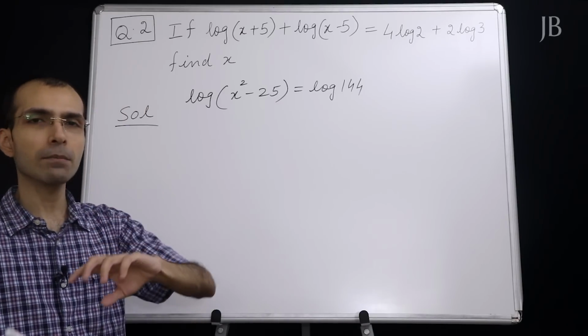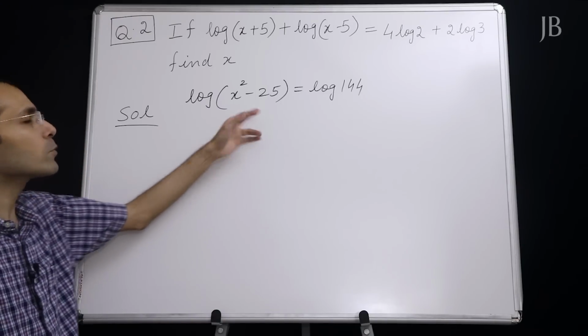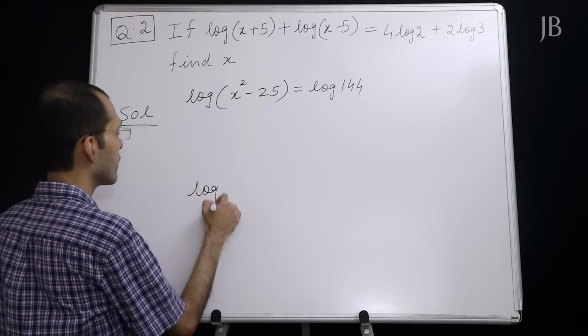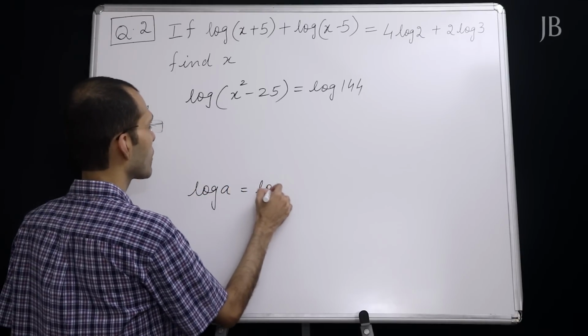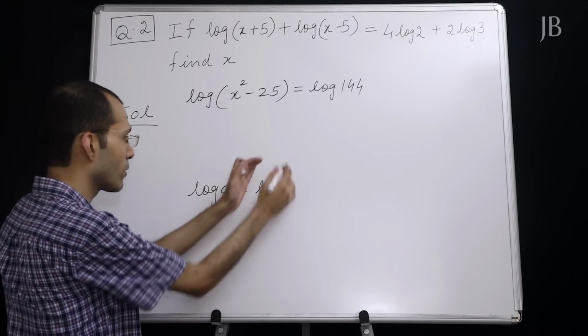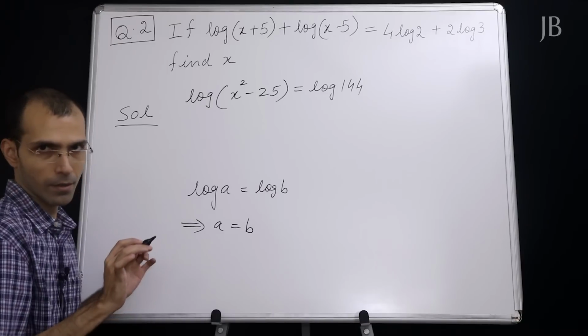So anti-log is something which nullifies the effect of a log, but then that can be used only if you have something like log a is equaling log b. If it is of this type, log of this is equaling log of that, then we can say a is equaling b.